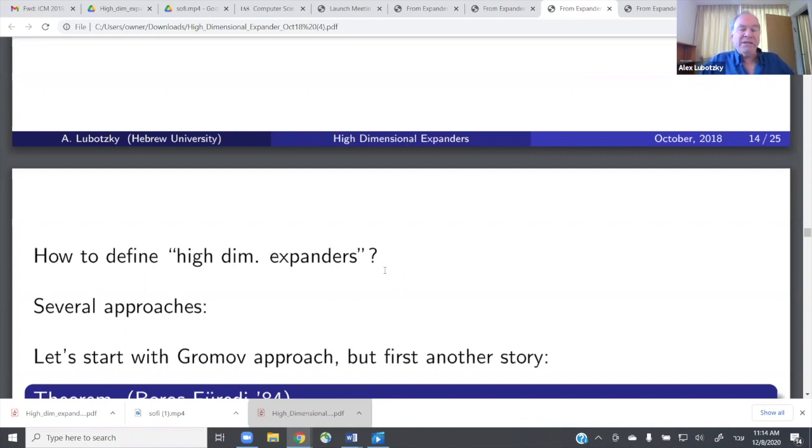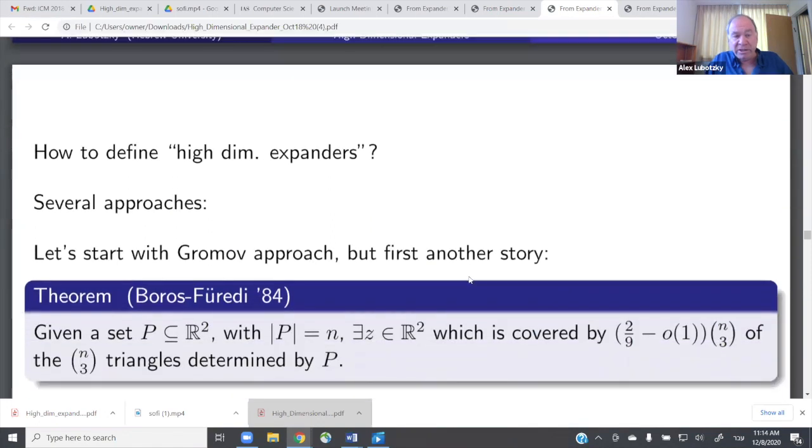So Oppenheim will talk about this, and then you can see another approach to high-dimensional expanders. I will not talk about that, though this is a very interesting direction.